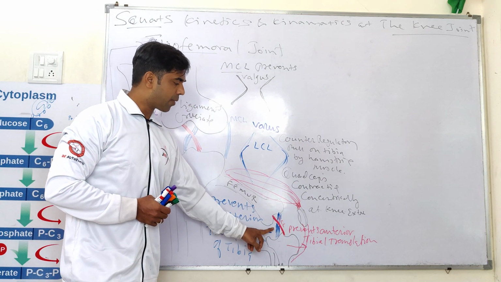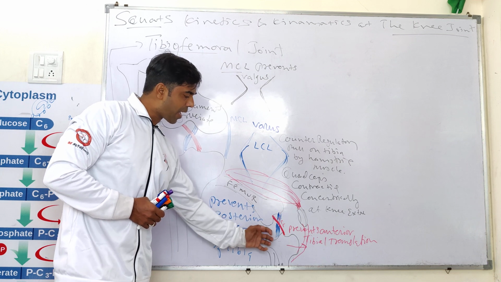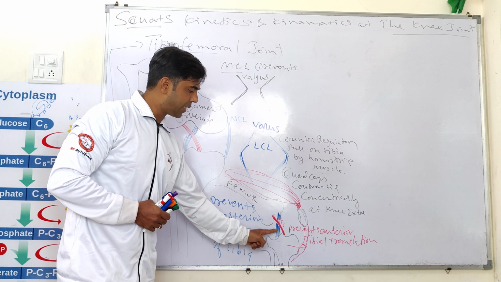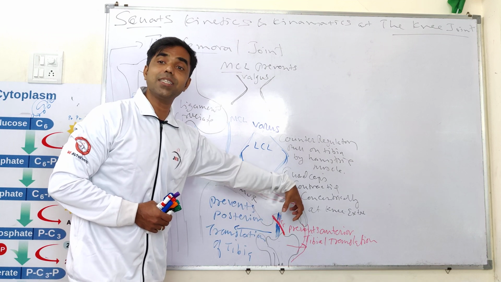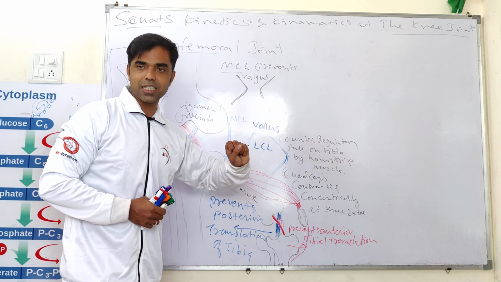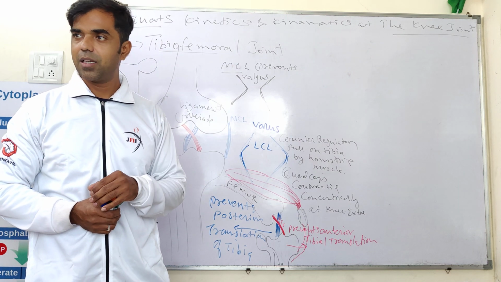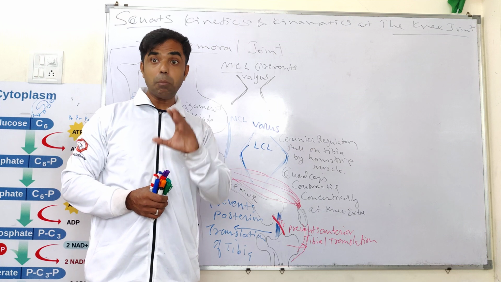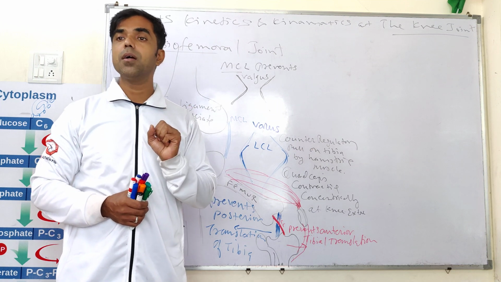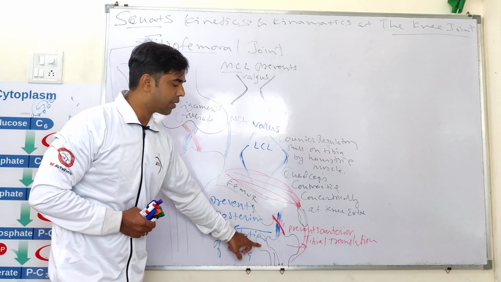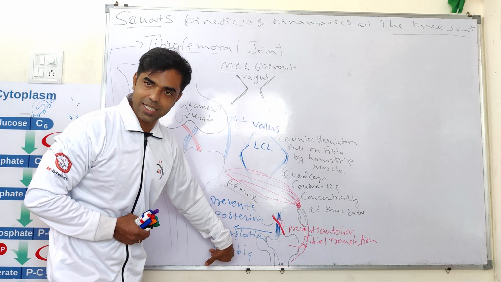Now when your tibia is trying to go posteriorly, the PCL will try to resist that posterior tibial translation. And in the previous lecture, I already explained that the gastrocnemius medial head is responsible for preventing tibial posterior translation.